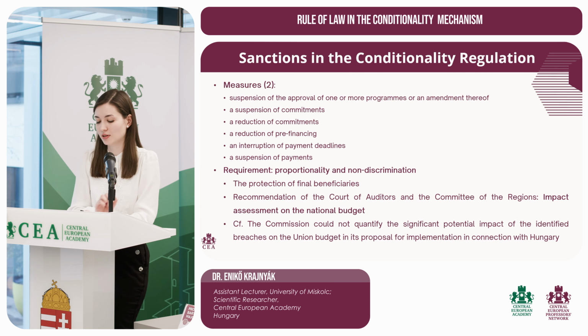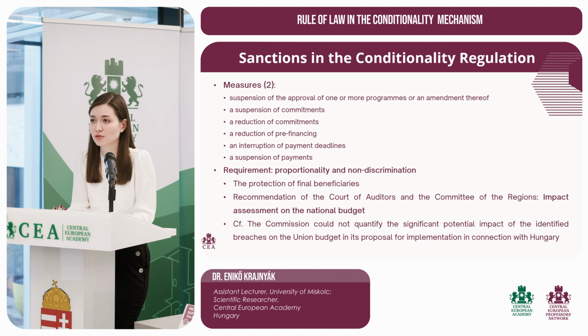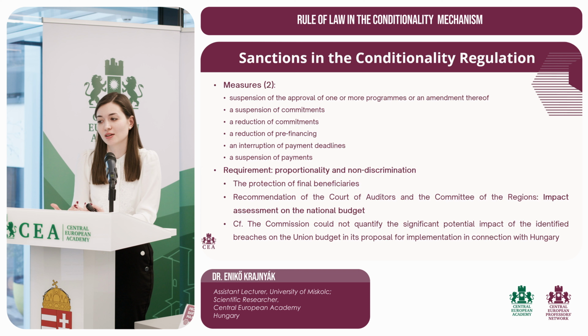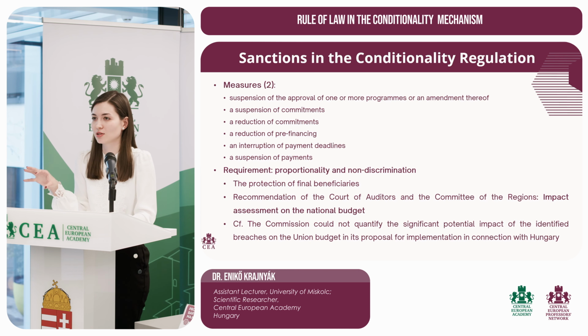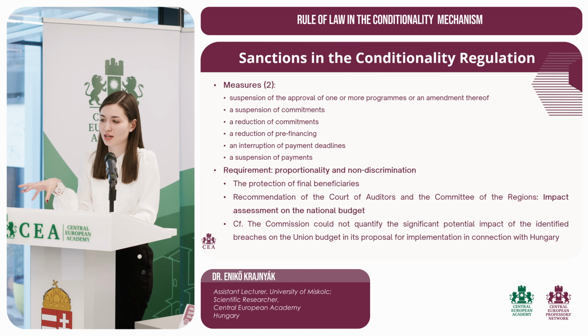What is particularly interesting here is that in the draft proposal of the regulation submitted by the Commission, the preamble makes explicit reference to the final beneficiaries, so Erasmus students and researchers and civil society organizations. And this part just disappeared from the final regulation without any explanation.